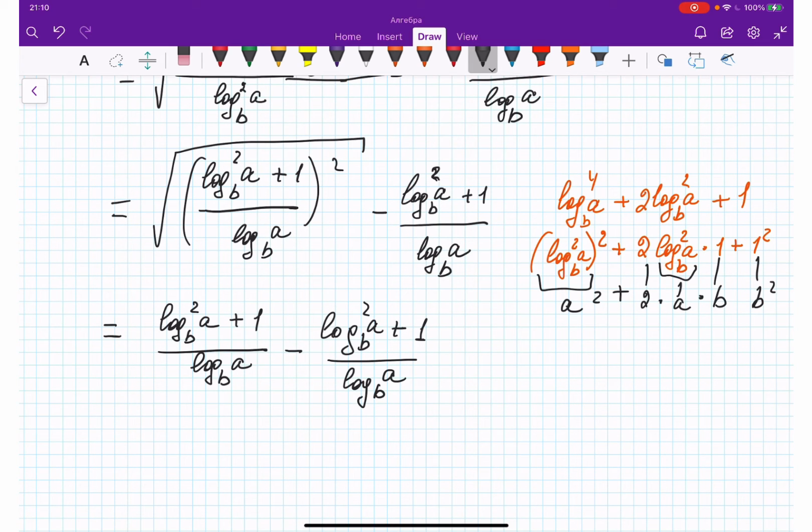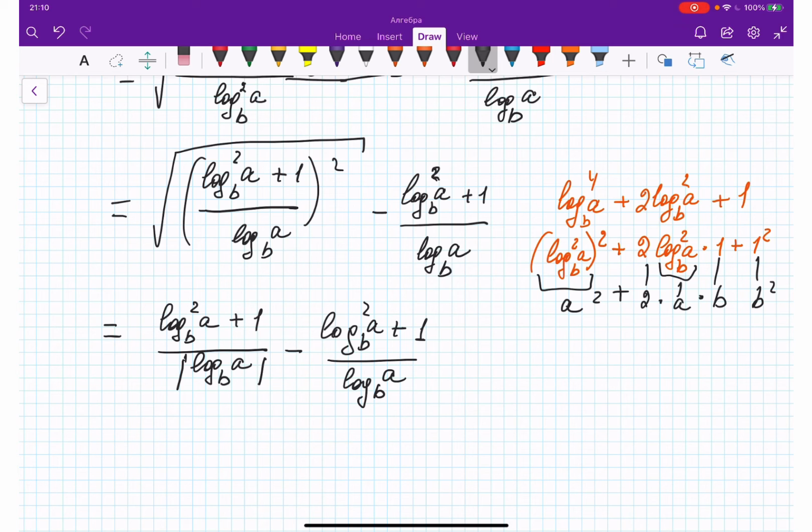Now, what do we have here? Because we are taking it out of the square root, this log_b(a) has to come out as an absolute value.